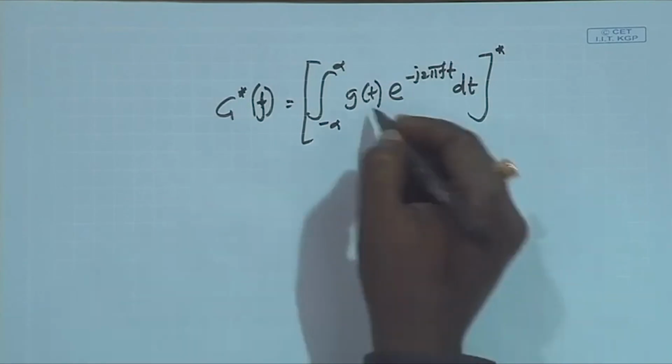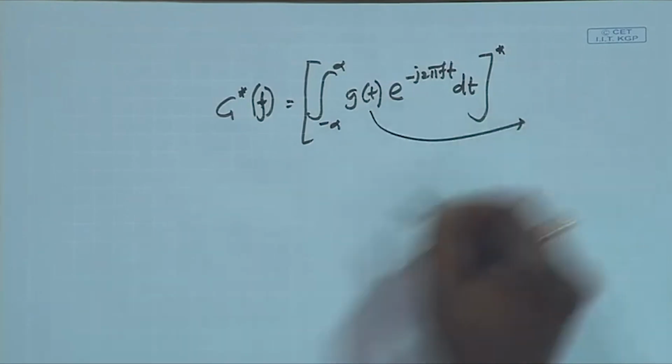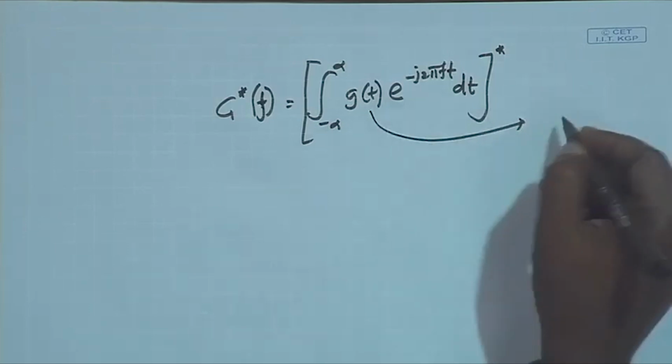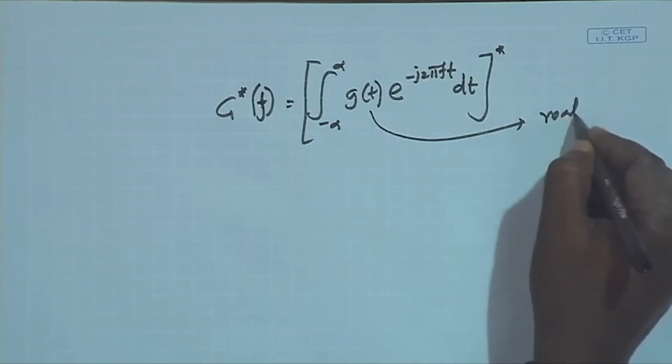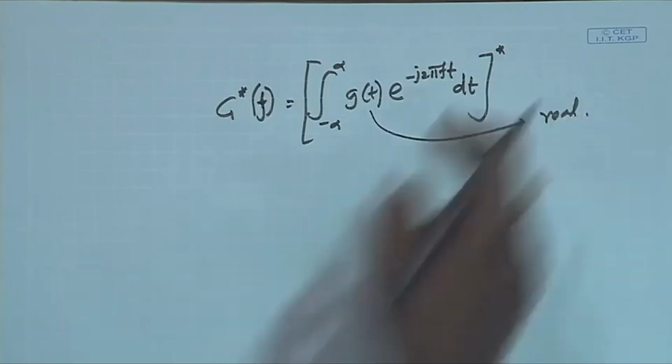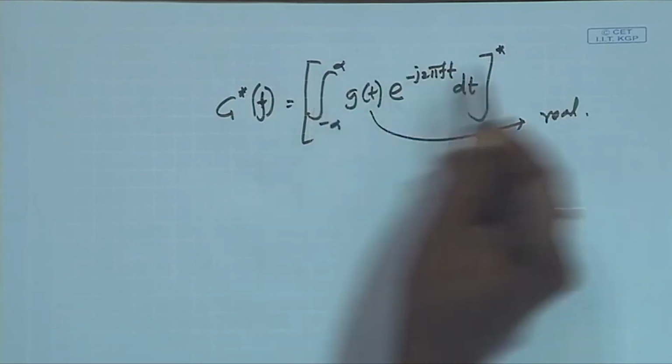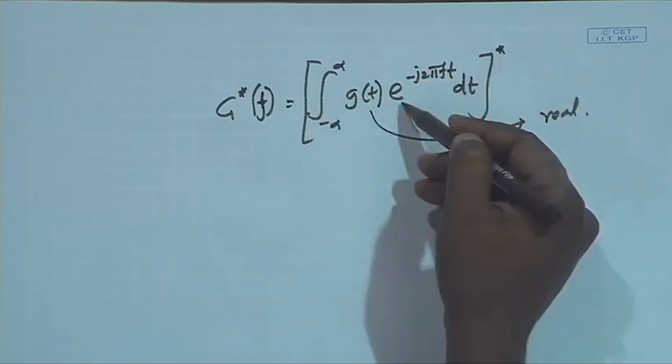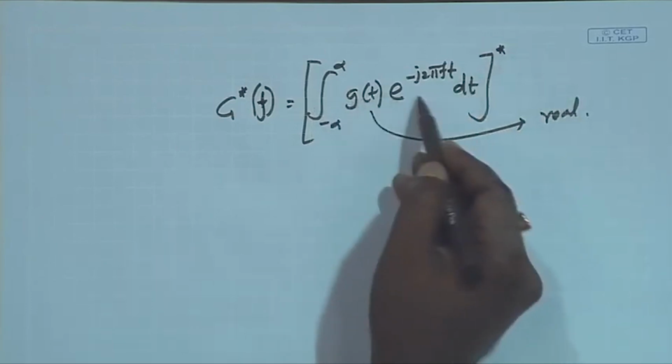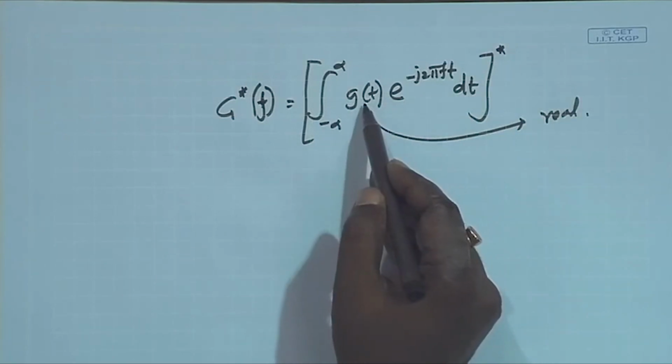Now, as long as my g(t), the signal that we are targeting to get the Fourier transform of, is real, then if I take the complex conjugate, because integration has nothing to do with conjugation, the conjugation will come inside and be distributed over these two. The complex conjugate of g(t) remains g(t) because it is real.